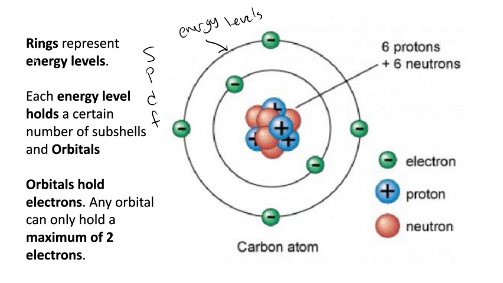And each subshell holds a particular number of orbitals. Don't worry, we will get to that. And then an orbital, right? Specifically, the orbitals are where the electrons are held, and any one orbital can only hold a maximum of 2 electrons. So you'll never have an orbital that has more than 2 electrons, right?